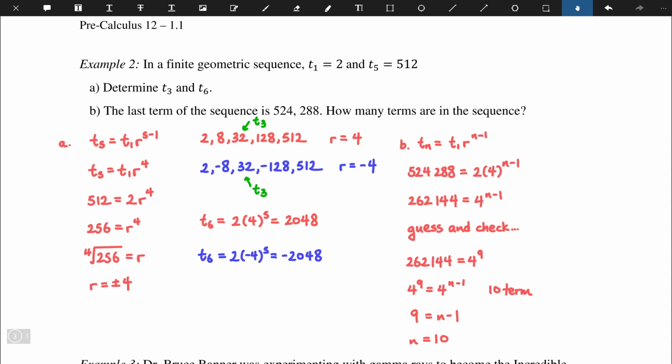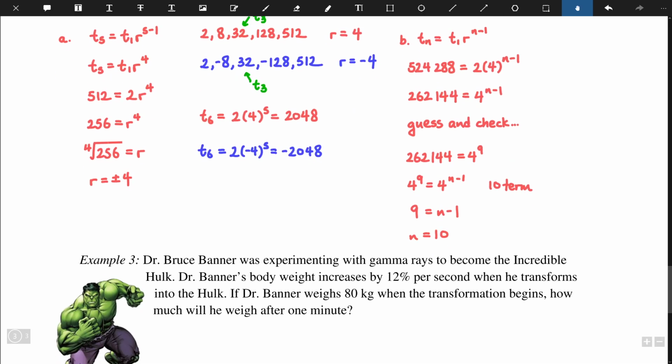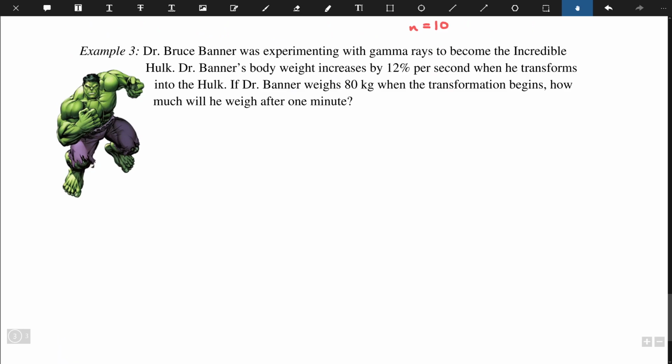So again, we will try to avoid the ambiguity around the r values. It's going to be one or the other. It's not going to be both positive and negative 4. Anyways, but it is good that we did see an ambiguous case here, so you know that could happen.